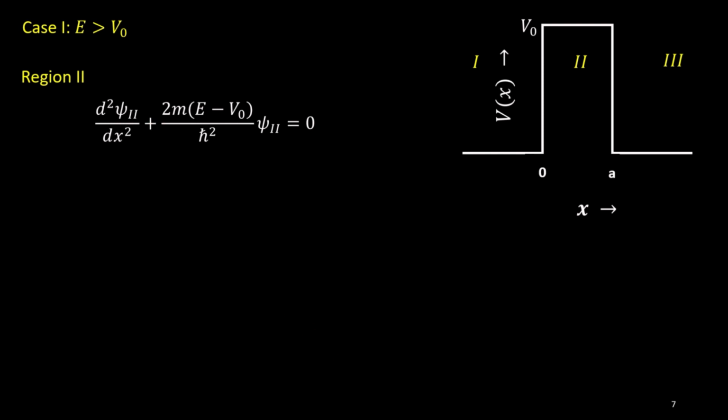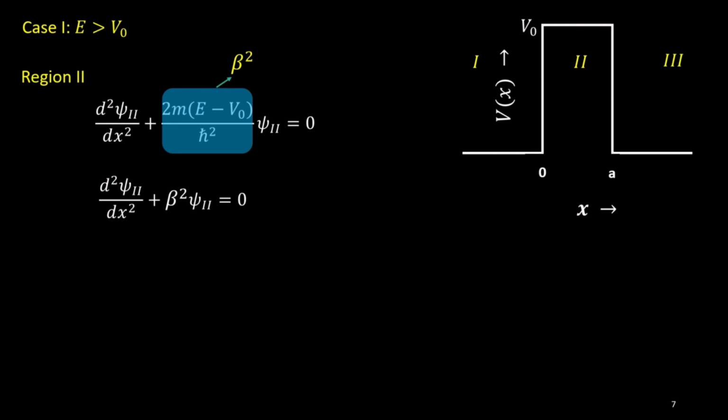If you put these values as beta square, we get an equation like this: d square psi 2 by dx square plus beta square psi 2 equal to 0. So we have oscillatory solutions in region 2 also.